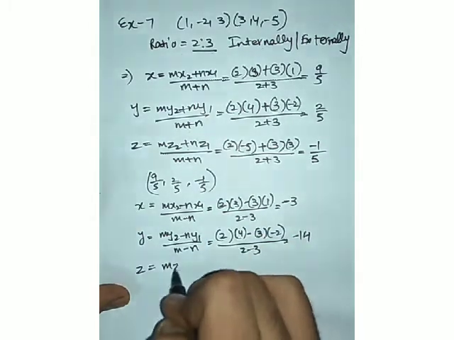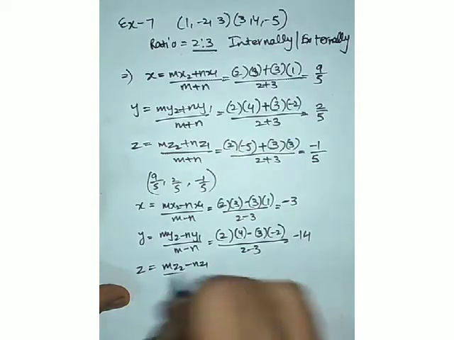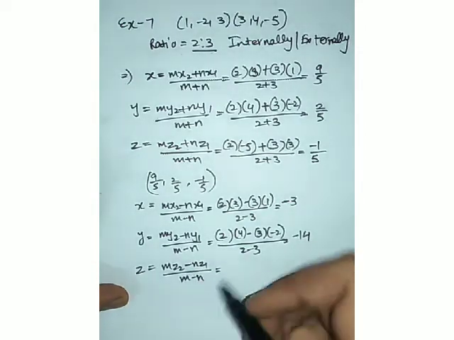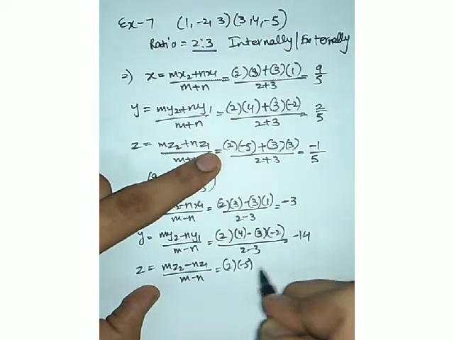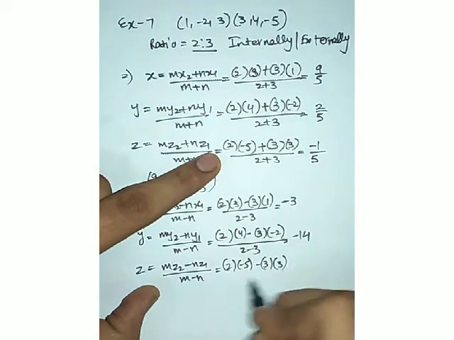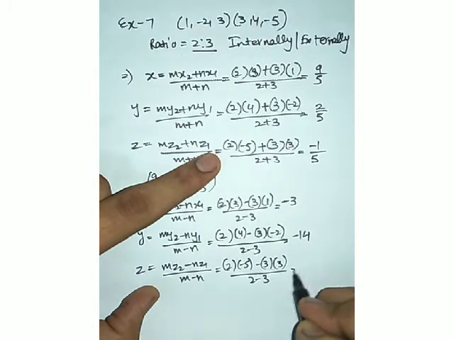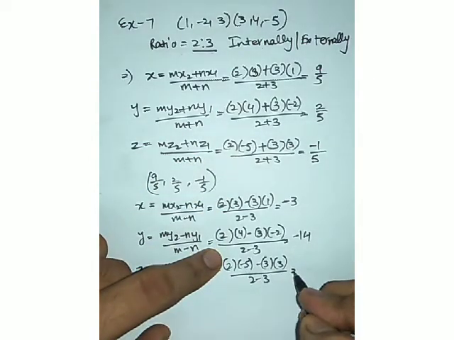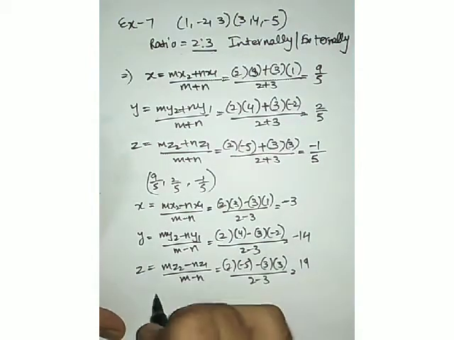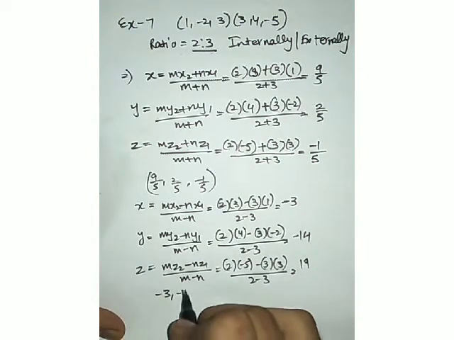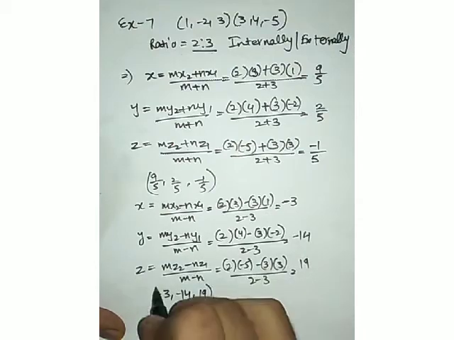And z will be mz2 minus nz1 upon m minus n. So mz2 means 2 times minus 5, then minus 3 times 3, divided by 2 minus 3, so minus 10 minus 9, that is minus 19 upon minus 1, that will be 19. So the desired coordinates are minus 3, minus 14 and 19.